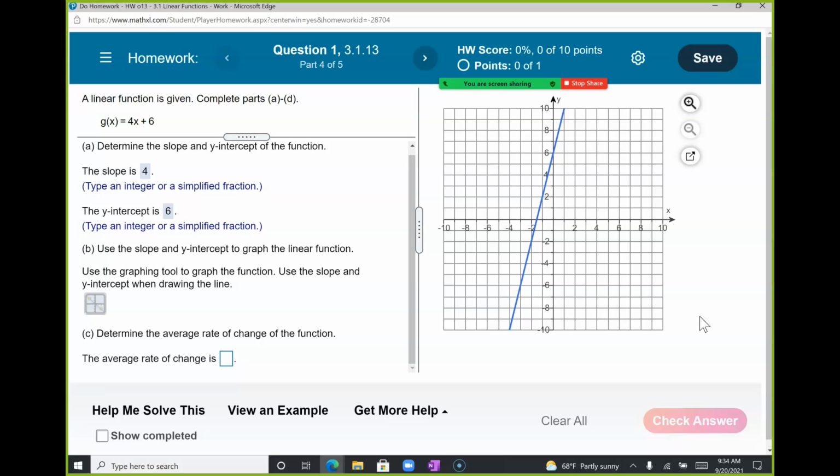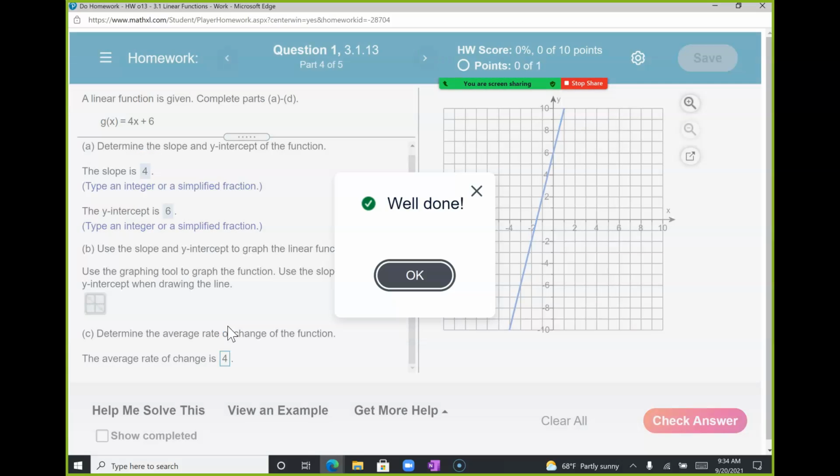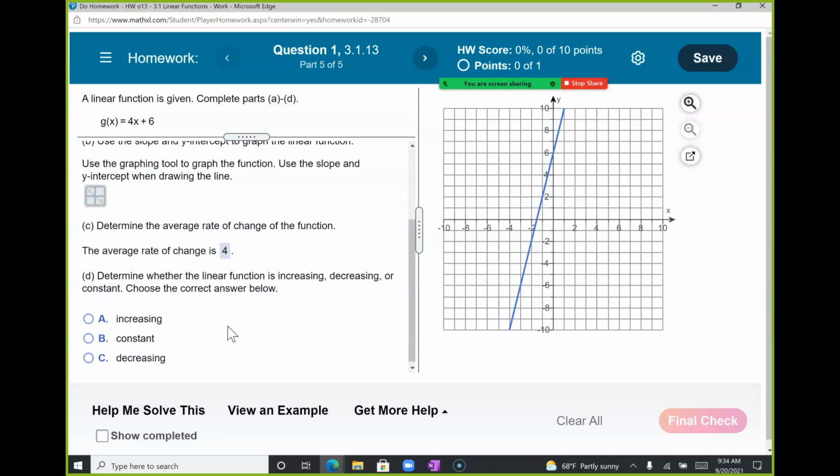We've done enough of these linear ones. Is there going to be a linear one on your test? No. Is there going to be a linear one on your practice study guide? Yes. But it's too easy. But we know our average rate of change on any 2 points is 4, right? And that would come from our secant slope.